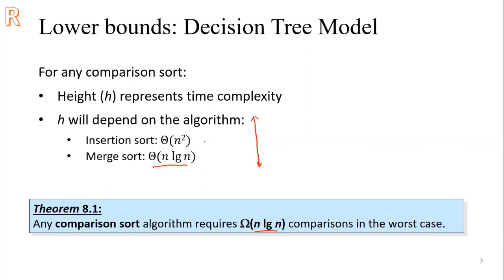But for algorithms like insertion sort, which you've seen in an earlier course, maybe COMP 210, the worst case complexity is theta of n squared. So depending on whether you're applying the decision tree model to merge sort or insertion sort, the height of the tree would differ. And the maximum height of the tree would give you the complexity.